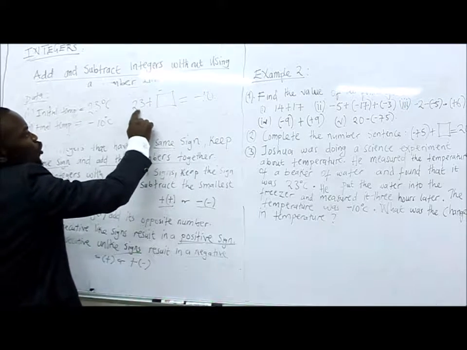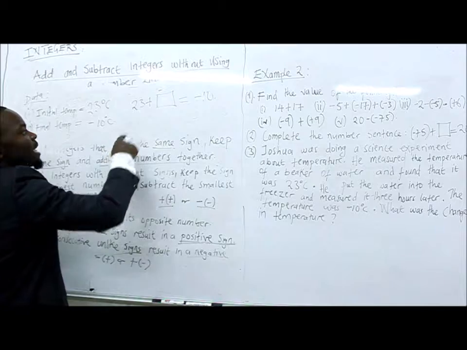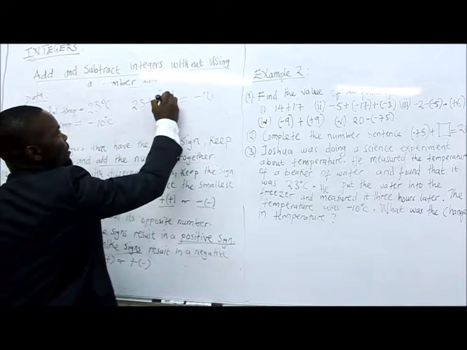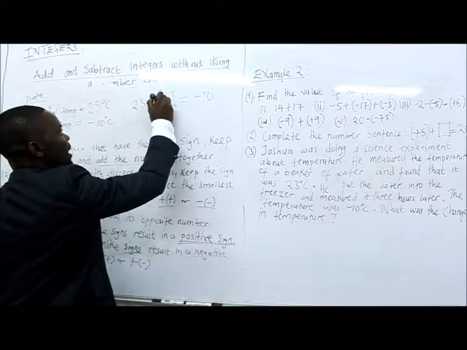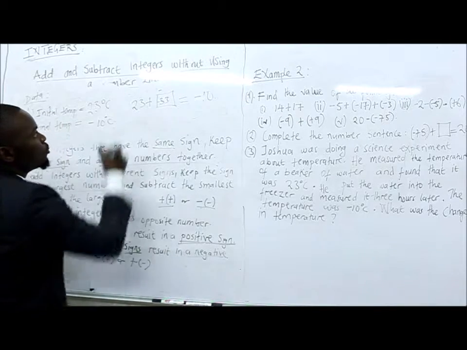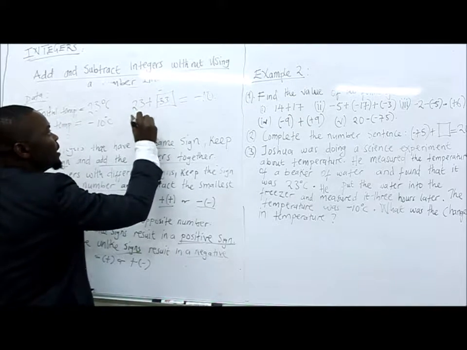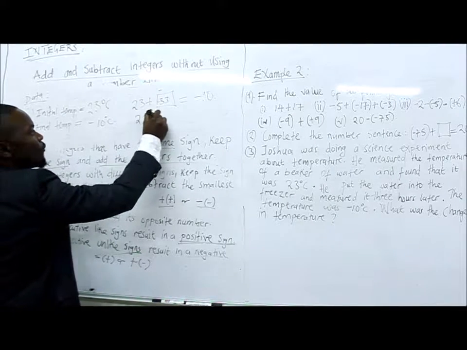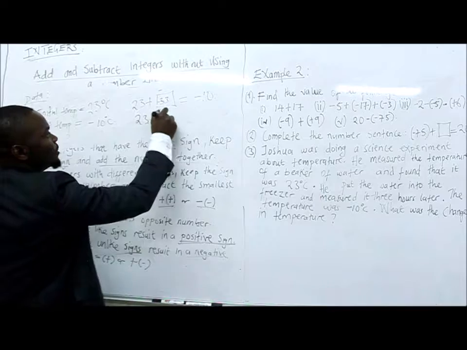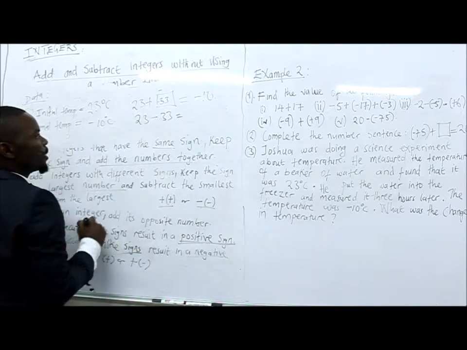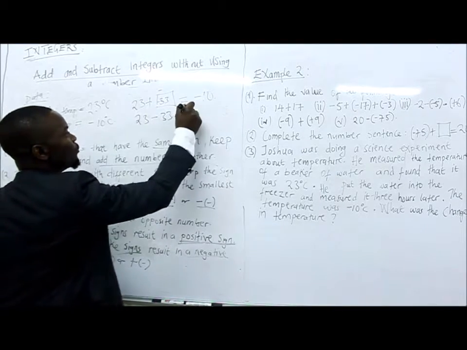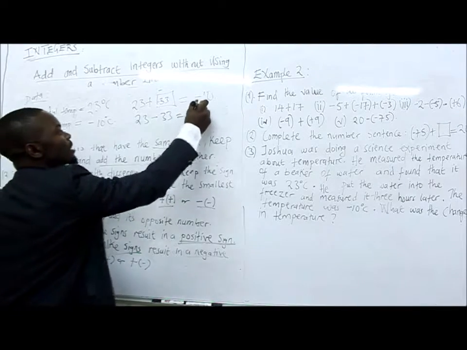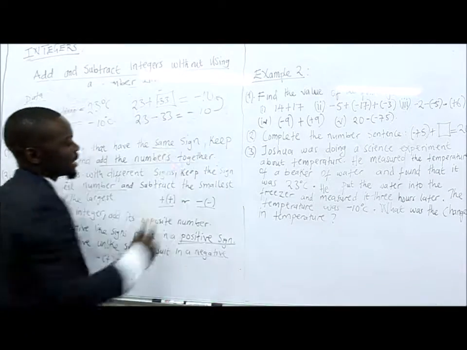So for us to know the number which is here, we just add 23 plus 10, which is 33. So with this negative sign, we have negative 33. To prove it, since you have got different or unlike signs here, we keep the sign of the largest number and subtract the smallest number from the largest number, which is negative 10, which is this answer.